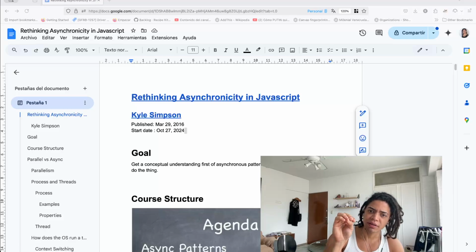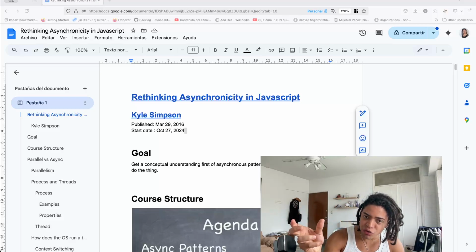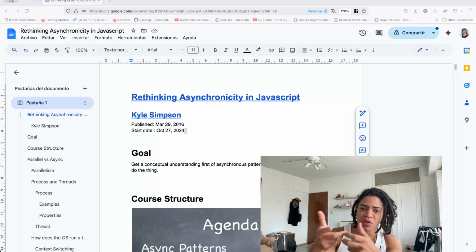So we look at ways to do that in React by creating a hook that allows us to get the value out of here and deal with concurrency in an application.